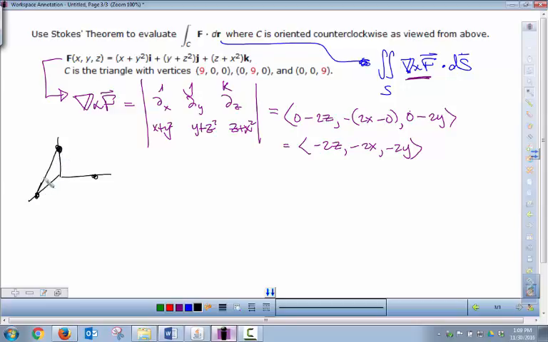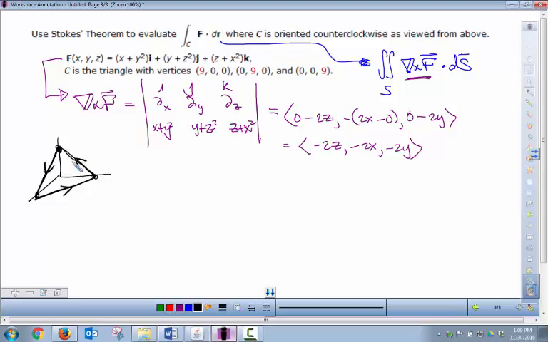So if I was to do a line integral viewed from above with the counterclockwise direction, I would need to do 3 line integrals for this, which is not impossible, but it certainly would be a little bit more difficult. But now I need to create a surface in here.